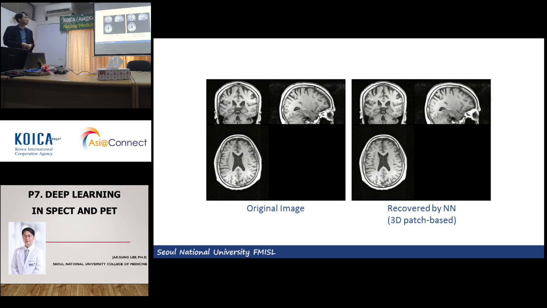The 3D data generated by the deep learning network looks quite similar in terms of the anatomical details of the brain. We can also see an additional benefit: the network has removed this kind of big artifact. I think this is quite interesting.